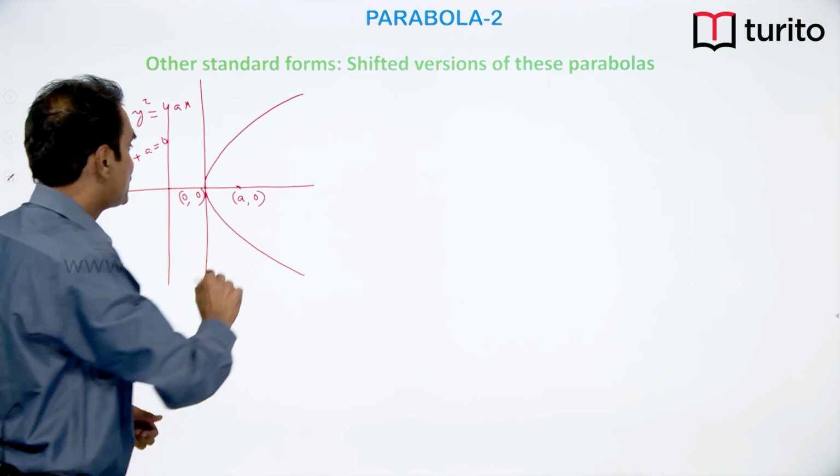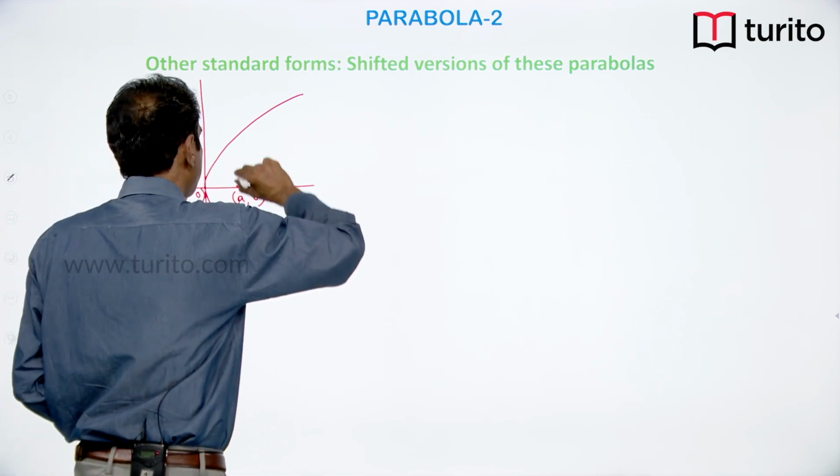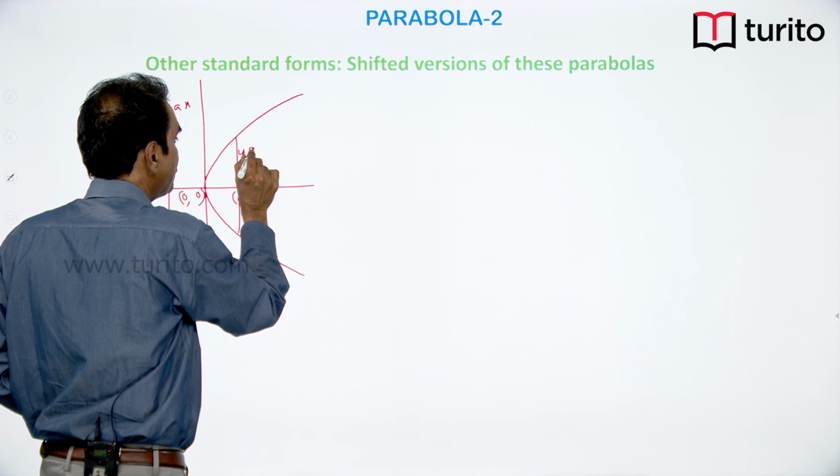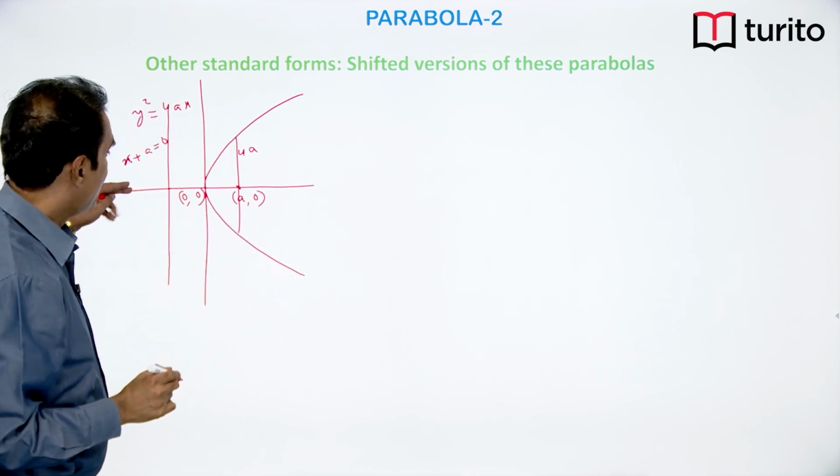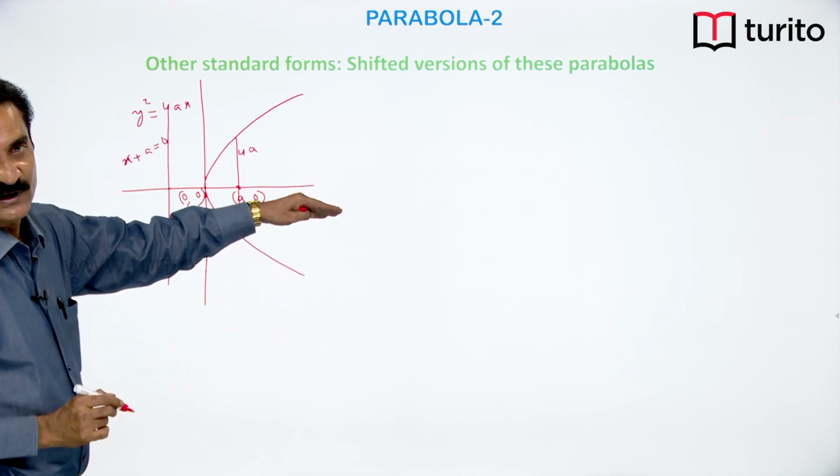And length of the latus rectum of this parabola is 4a. And equation of the axis is y is equal to 0, that is x axis.